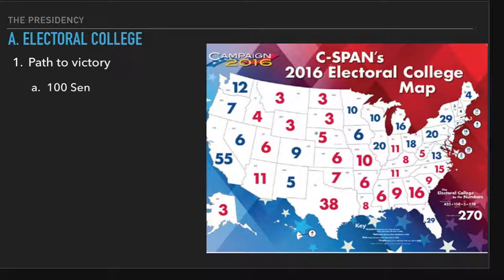So we begin here with 100 senators. We're going to add to that 435 representatives. So all we're doing here is adding up our total number of electoral votes to find out exactly what we need to win the presidency.